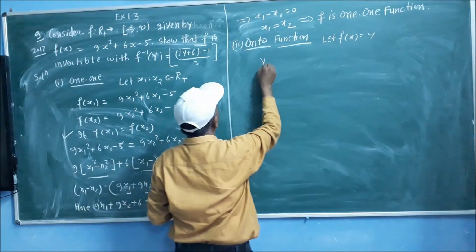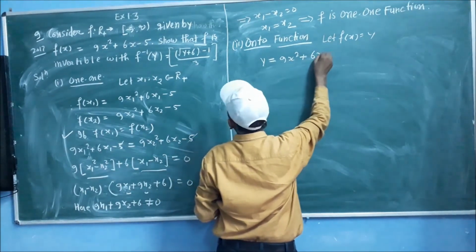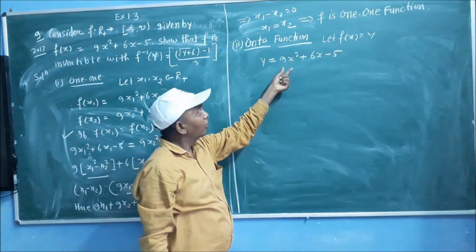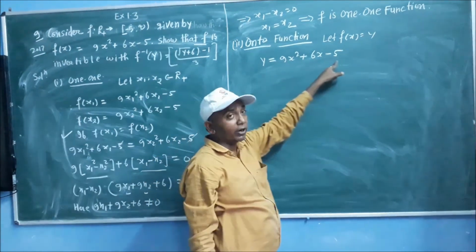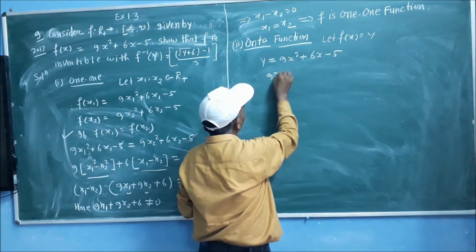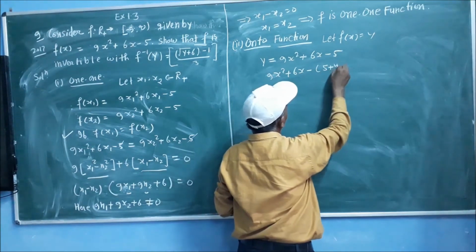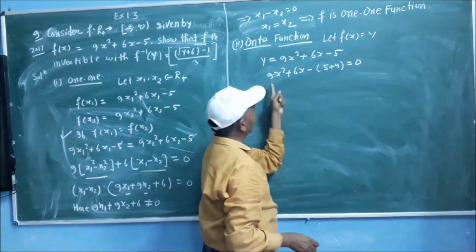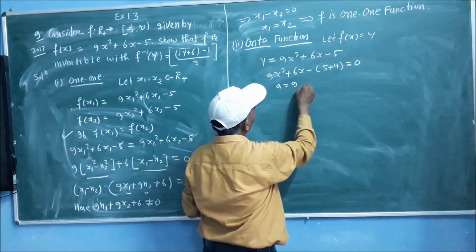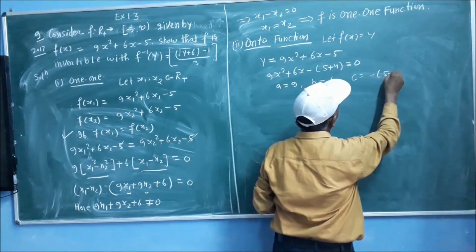So y must be equal to 9x square plus 6x minus 5, and here you have to calculate the value of x. To find the value of x, this is a quadratic in x. So this can be written as 9x square plus 6x minus 5 plus y equal to 0. What are the values of a, b, c? a is equal to 9, b is equal to 6, and c is equal to minus 5 plus y.